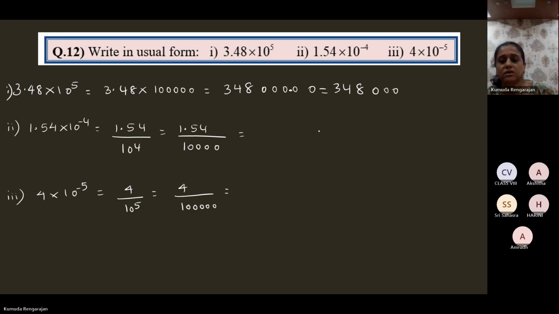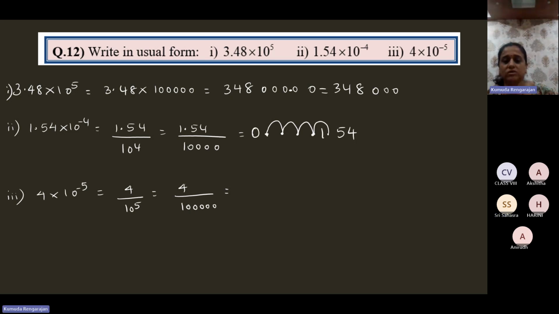Divided by. So you'll have to shift the decimal point to the left by 4 places. 1, 2, 3, 4. So the decimal point comes here.